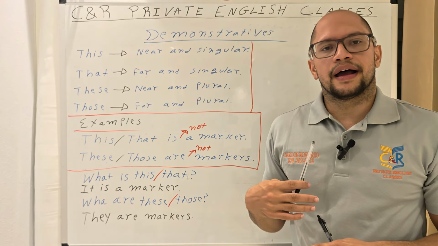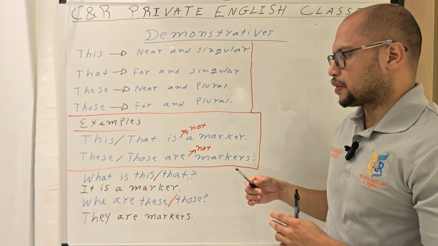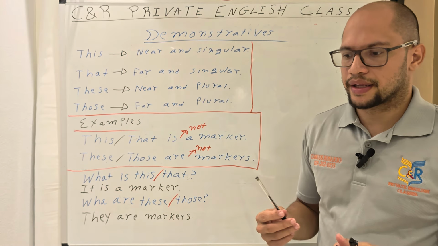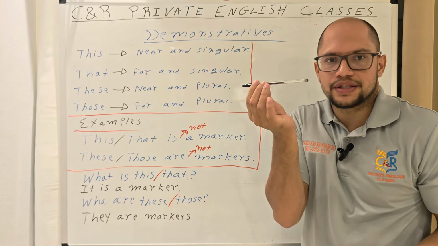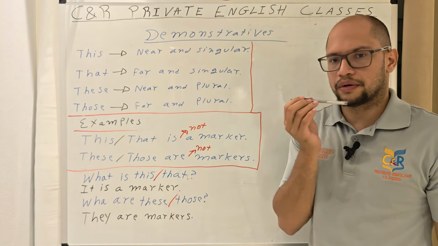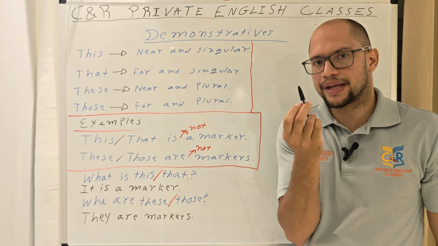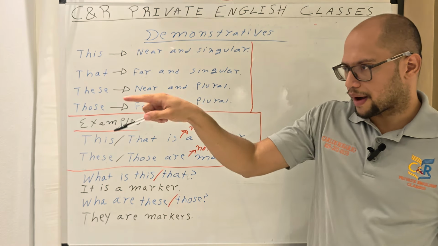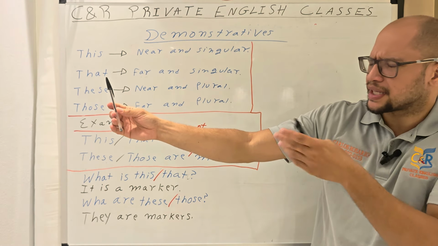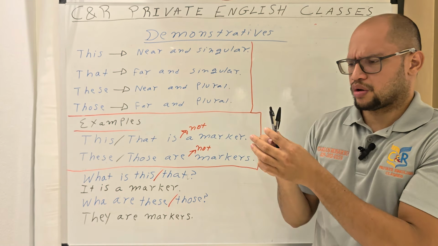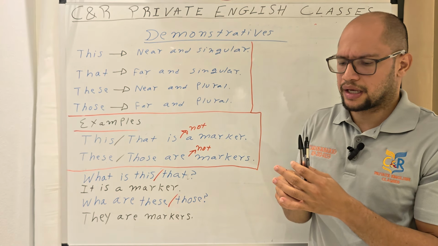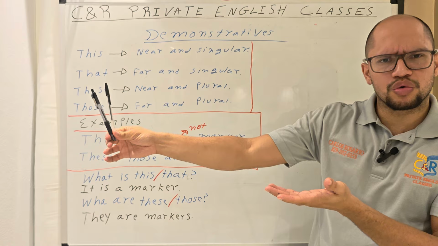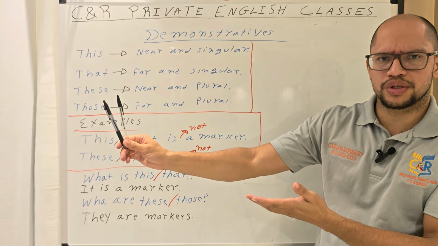Now, another use is when you have questions. Let's say that you have an object and you don't know this object in English. You ask, hey, what is this? Oh, what is that? What are these? What are those?